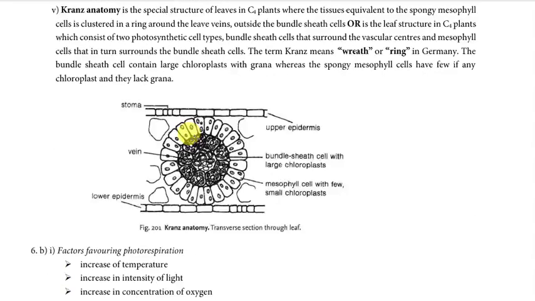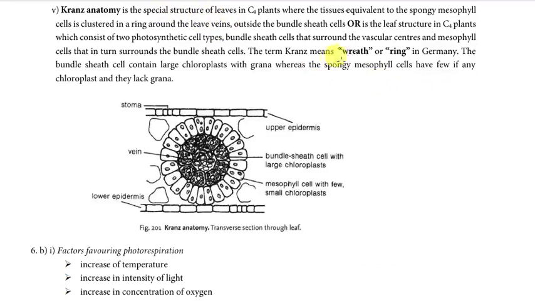Kranz anatomy is a special structure of leaves in C4 plants. When we speak of anatomy, it means structure. It is the special structure of leaves in C4 plants, where the tissue equivalent to the spongy mesophyll cells is clustered in a ring around the leaf veins outside the bundle sheath cells. The leaf structure in C4 plants consists of two photosynthetic cell types: bundle sheath cells that surround the vascular centers, and the mesophyll cells that in turn surround the bundle sheath cells.